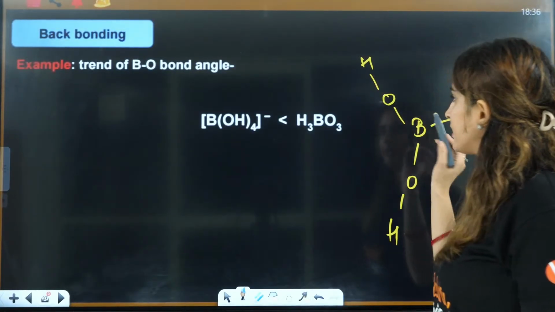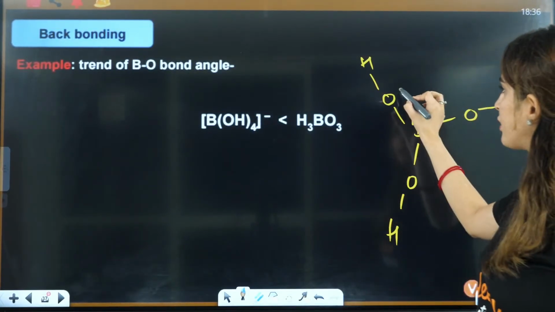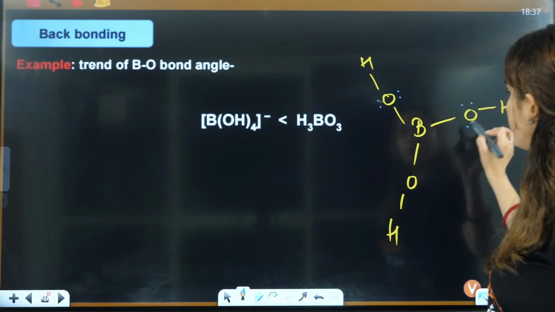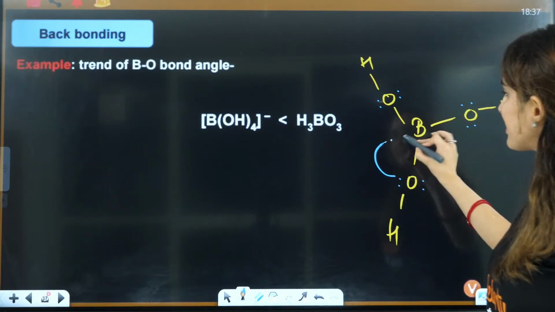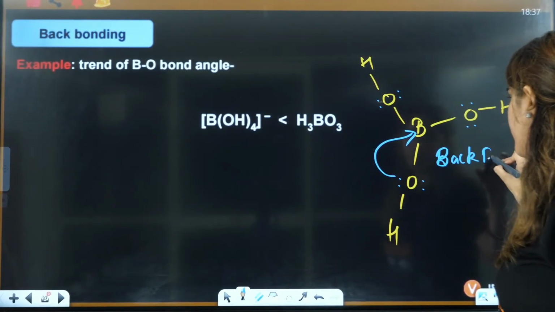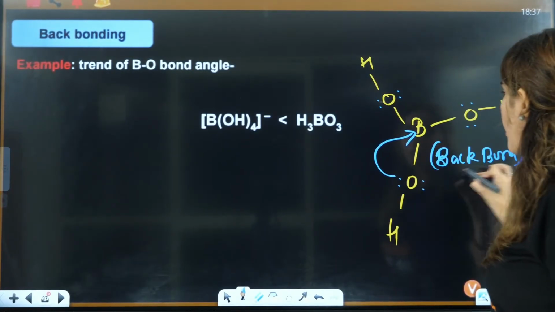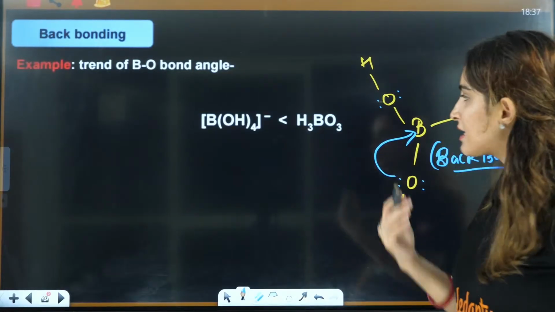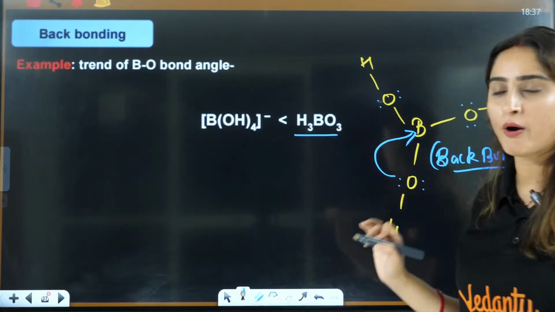Boron here, with OH, OH, OH, has a vacant orbital and oxygen has lone pairs. So oxygen can donate and back bonding can happen. Because of back bonding, its hybridization will change, and that is the reason this will have a larger bond angle.